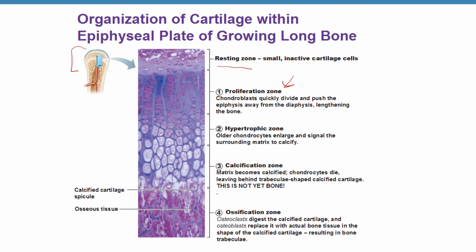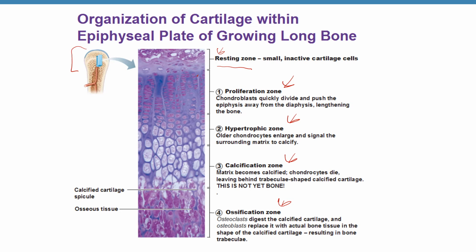But your book divided into proliferation zone, hypertrophic zone, calcification zone, and ossification zone. And just on the surface over here, we have a resting zone. In the resting zone, we have small inactive cartilage cells inside the lacunae, chondrocytes, right?